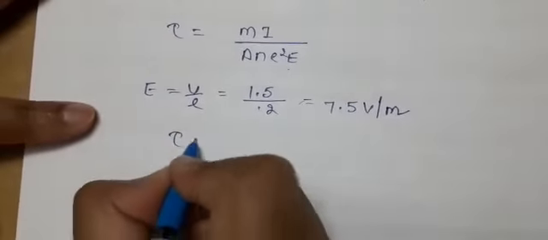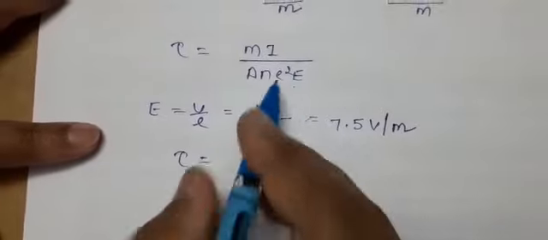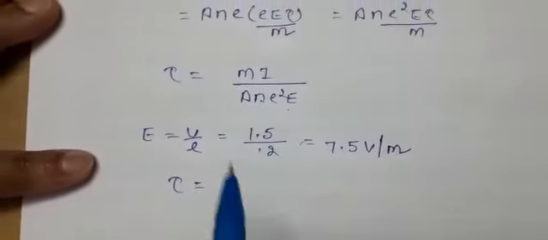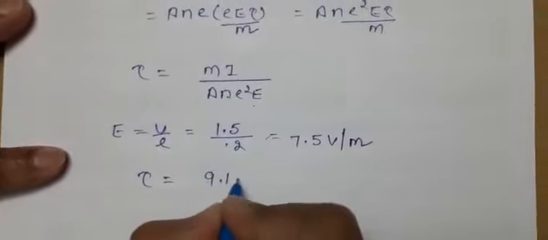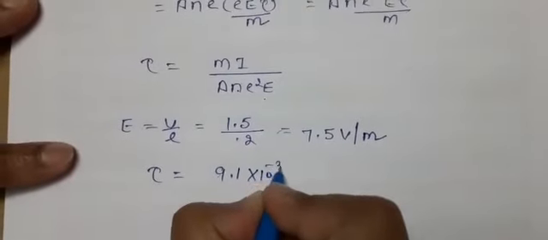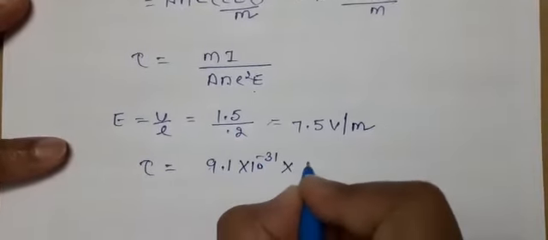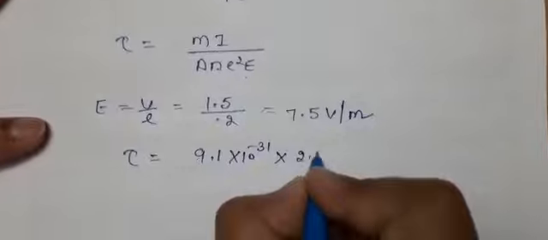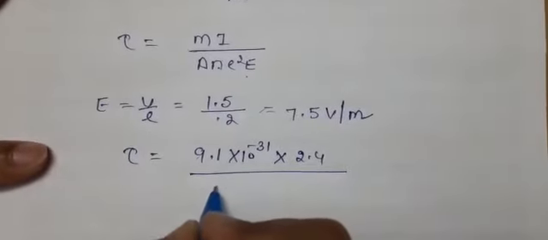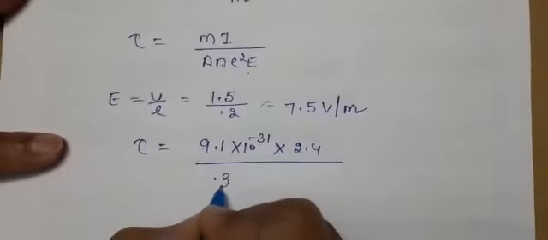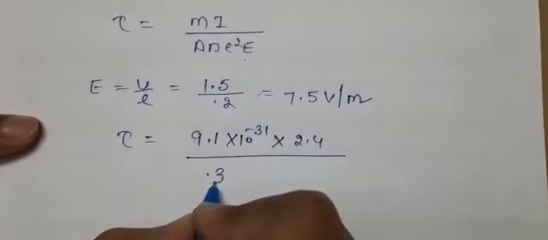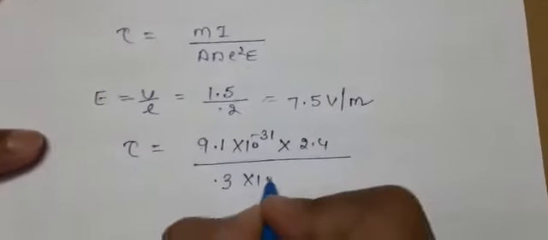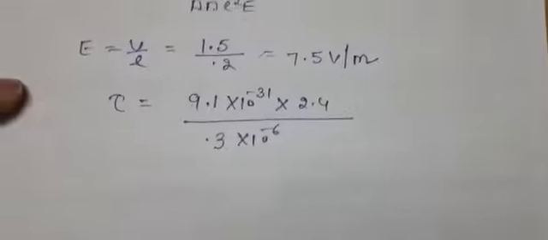So the relaxation time will be obtained by substituting the values here. Mass of electron is 9.1 into 10 raised to the power minus 31 kilogram. Current has been given to be 2.4 ampere. Area of cross section is 0.3, which was in millimeter square, so I will convert it into meter square, 10 raised to the power minus 6.